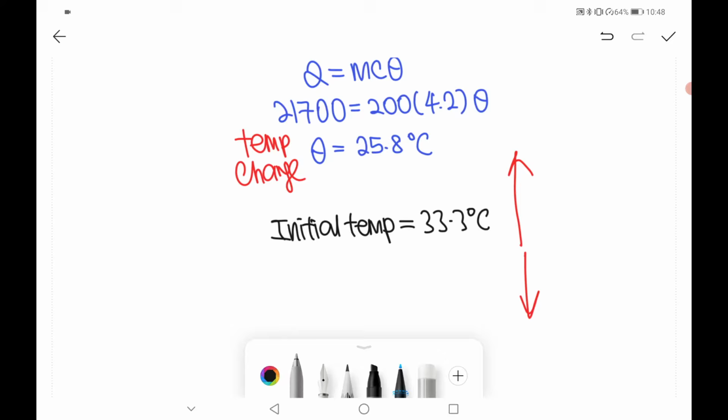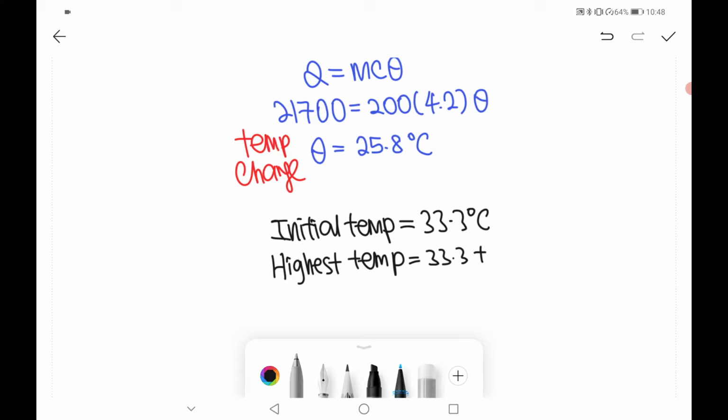The highest temperature is 33.3 increased by 25.8. That is how it works. If we add everything together, 33.3 plus 25.8, the final answer is 59.1 degrees Celsius.